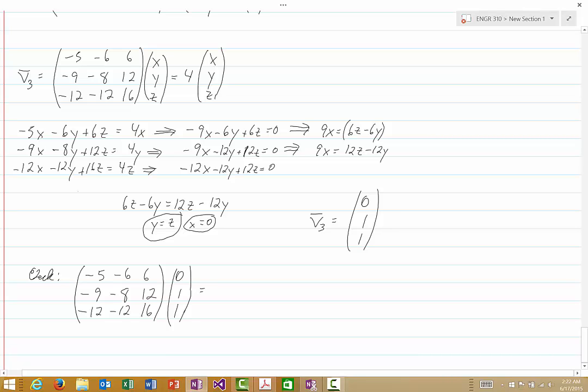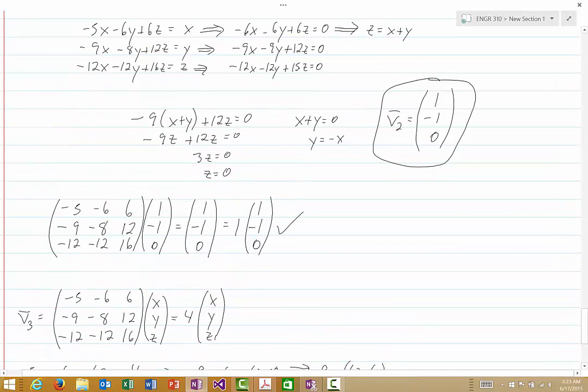And that will give us 0, 4, 4, which is 4 times 0, 1, 1. And that's exactly what we expect. So indeed, the vector v3 here, 0, 1, 1, is an eigenvector of this matrix with associated eigenvalue of 4.